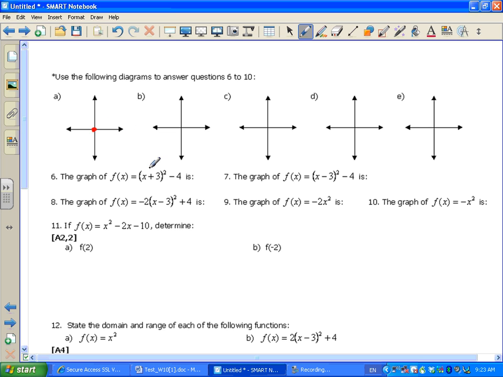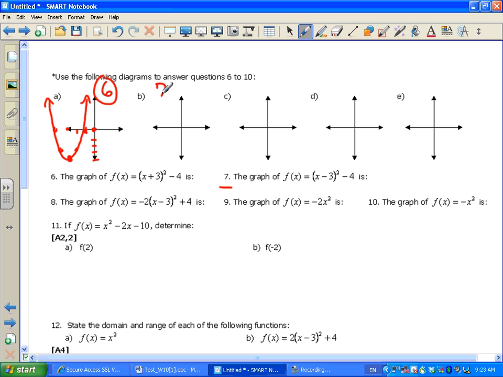So it says h is positive 3, so that means you move in a negative direction, 1, 2, 3. And k is negative 4, so we move down 4, 1, 2, 3, 4. Our new vertex is here. We go over 1, up 1, over 2, up 4. We have a parabola that looks roughly like this. Now, like I said, I don't remember where I drew these in yours, but we're just going to do them in order. So this one represents number 6.